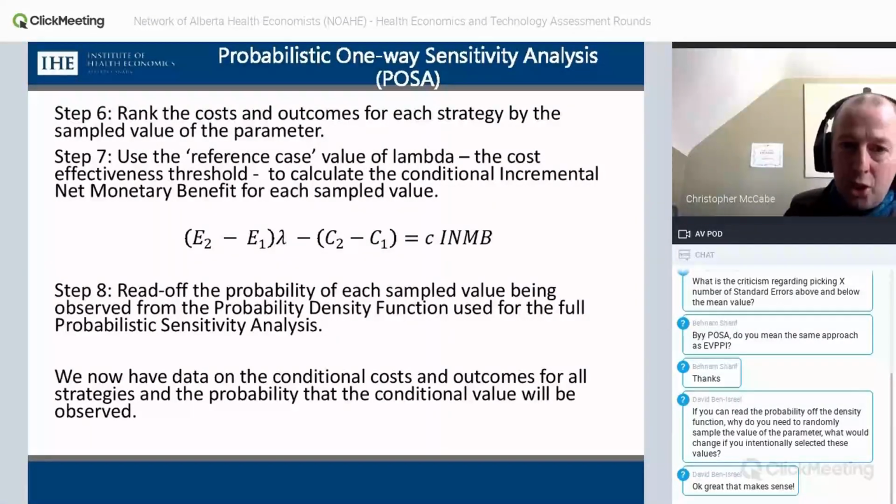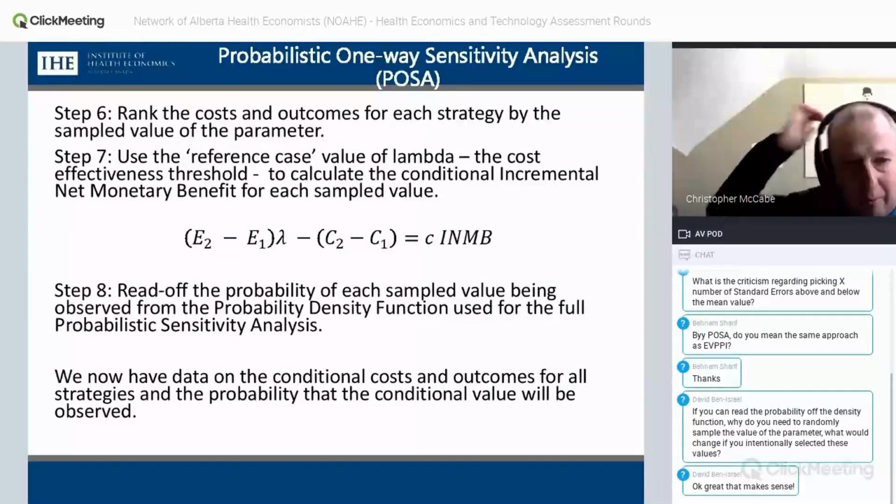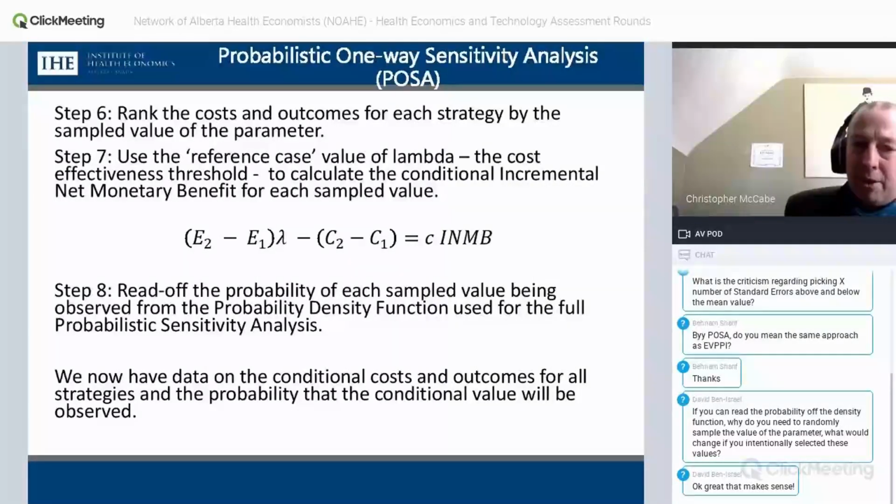So then we simply rank the costs and outcomes of each strategy by the probability of the sampled value of the parameter. And we use the reference case value of lambda, so the cost effectiveness threshold, when you've got two strategies being compared, to calculate the incremental net monetary benefit for each selected value with that well-known formula.